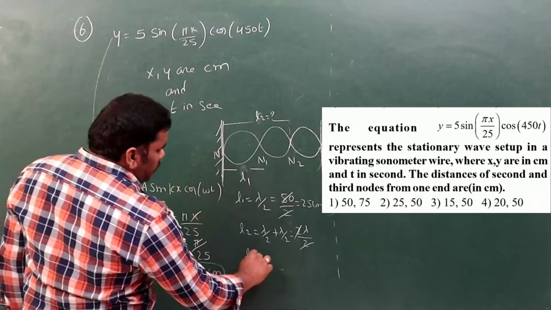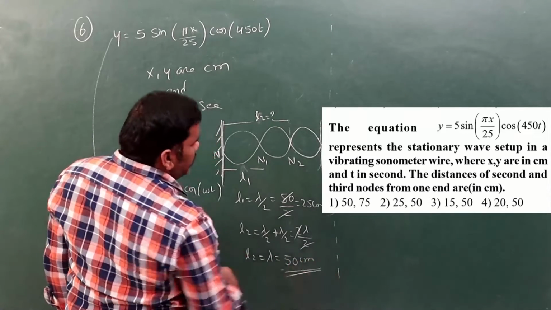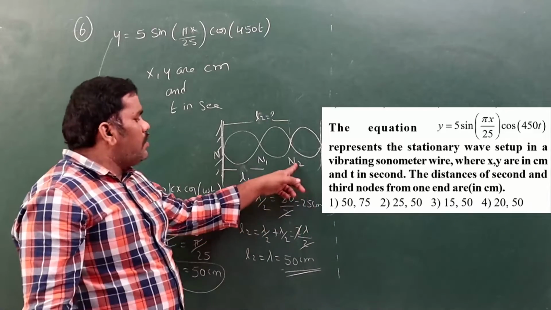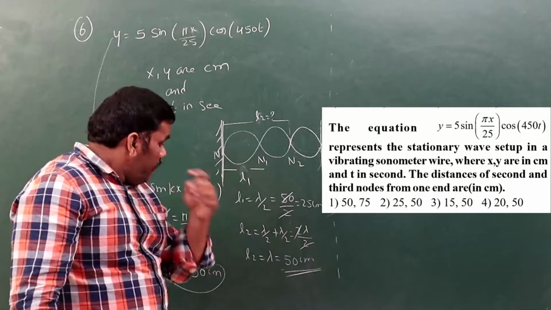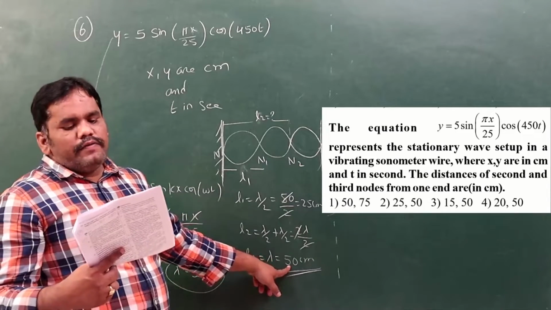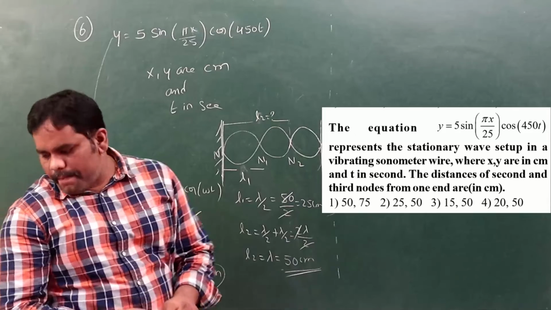The 2 gets cancelled, so L2 is equal to lambda, that is 50 centimeters. The second node is formed at 25 centimeters, the third node at 50 centimeters. So the answer is 25 centimeters, 50 centimeters.